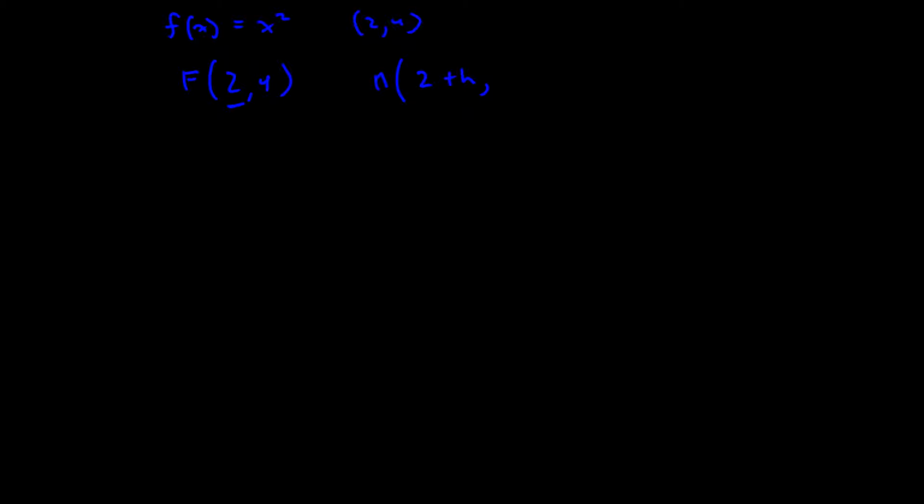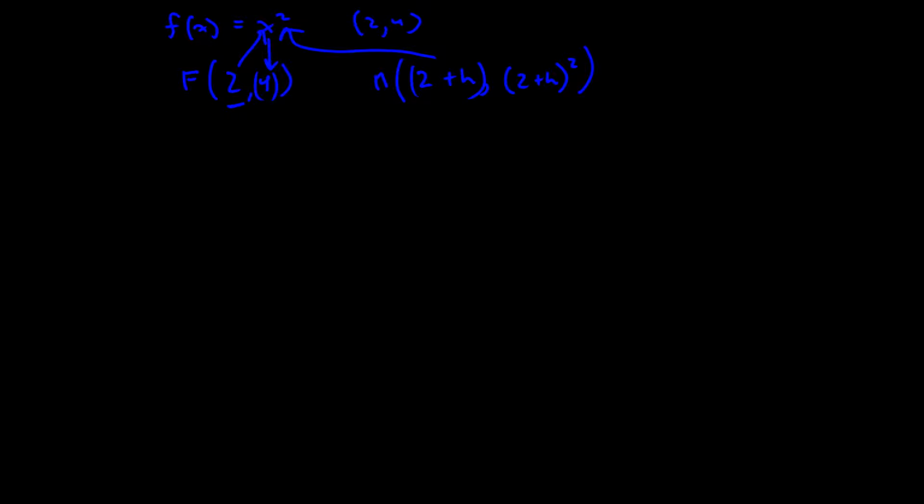And now we're going to take 2 plus h, because remember, this right here is the function of x, so we took x, which is 2, and we plugged it in here, and that's 2 squared, and that popped out and gave us this. So we do the same thing, we take 2 plus h, and we plug it into our function, and we end up with 2 plus h squared.